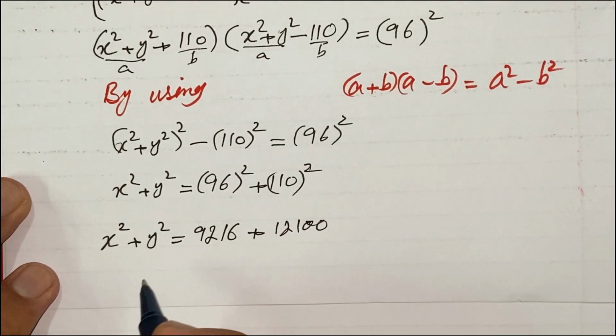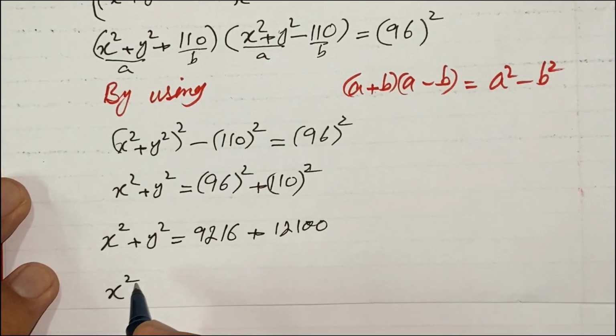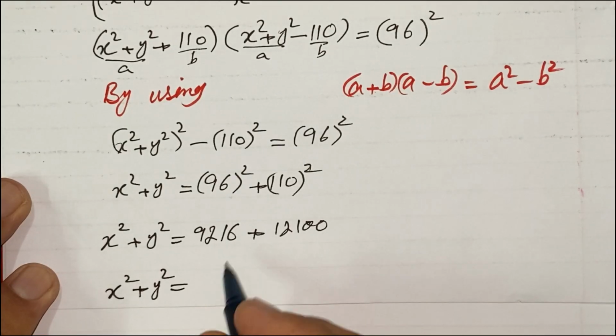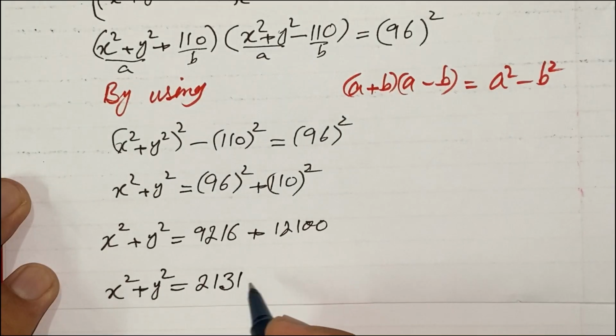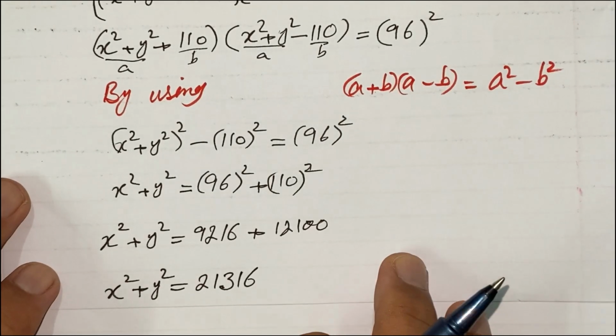Now x square plus y square is equal to 21316.